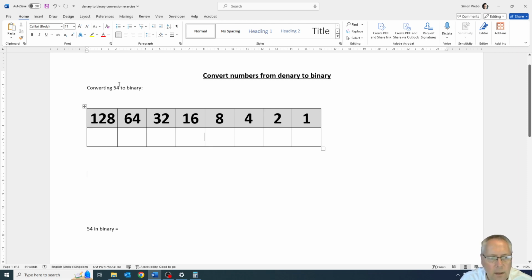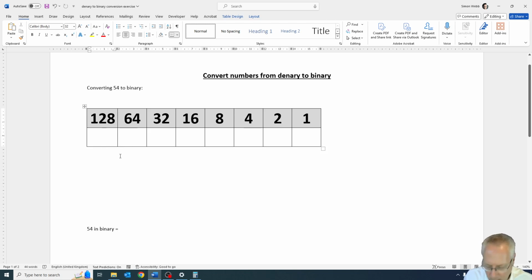So let's start looking at this then. What we're essentially doing is comparing the number that we're trying to convert with the numbers in here. We're looking to find out whether 54 is bigger than or the same as a particular number. So we start on the left hand side. Is 54 bigger than or the same as 128?